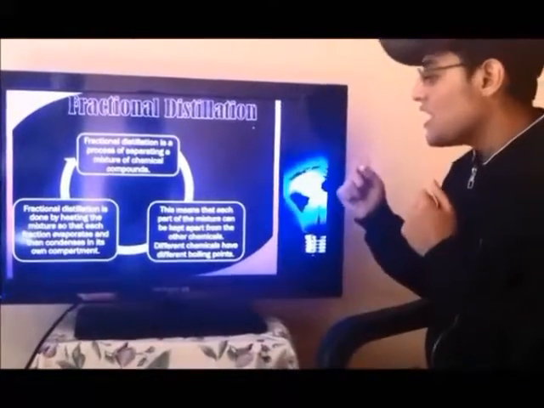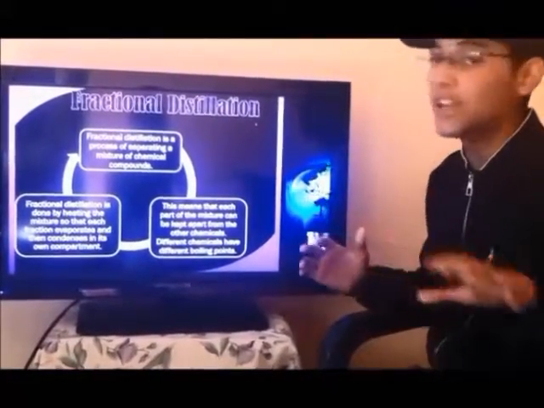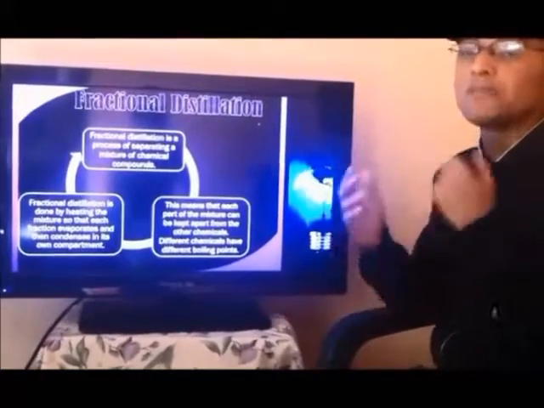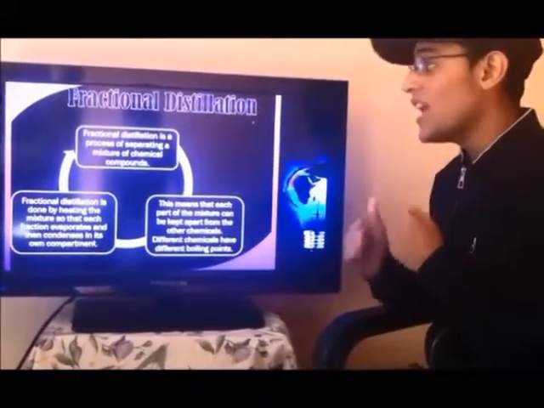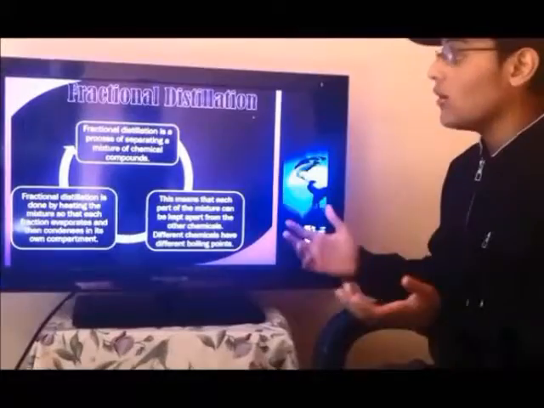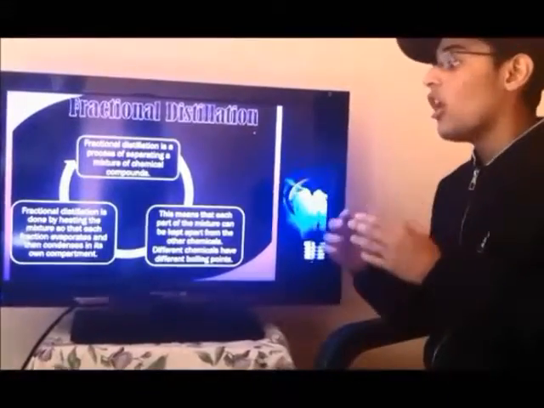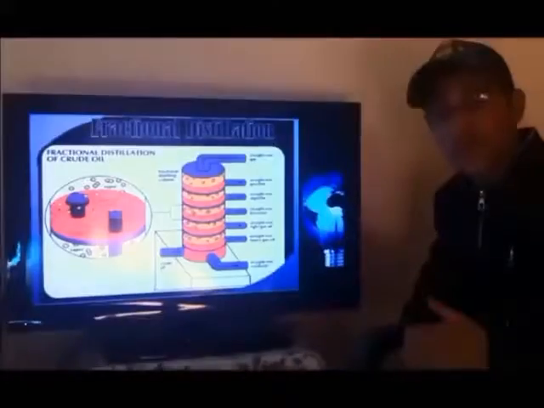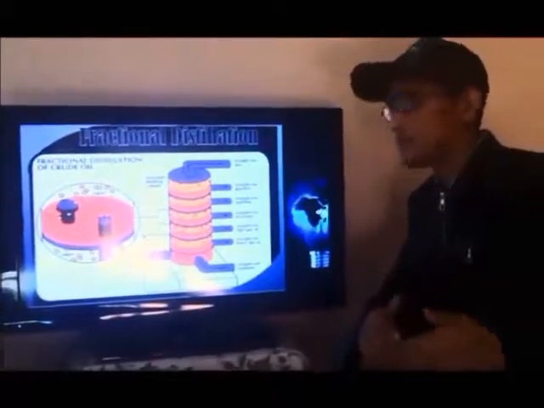This means that each part of the mixture can be kept apart from the other chemicals, and different chemicals have different boiling points. Fractional distillation is done by heating the mixture so that each fraction evaporates and then condenses in its own compartment. Now, I'm going to use a picture to give you a more graphic explanation.